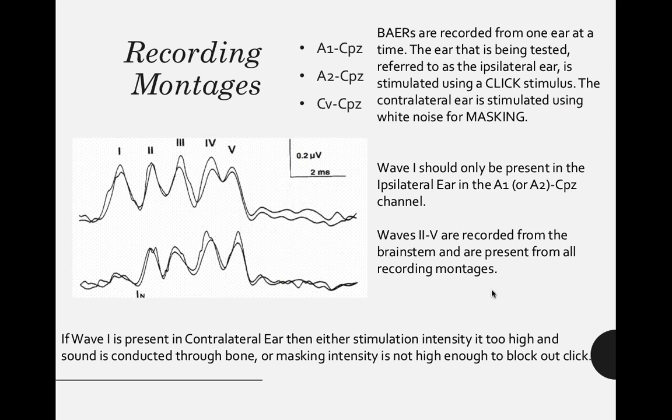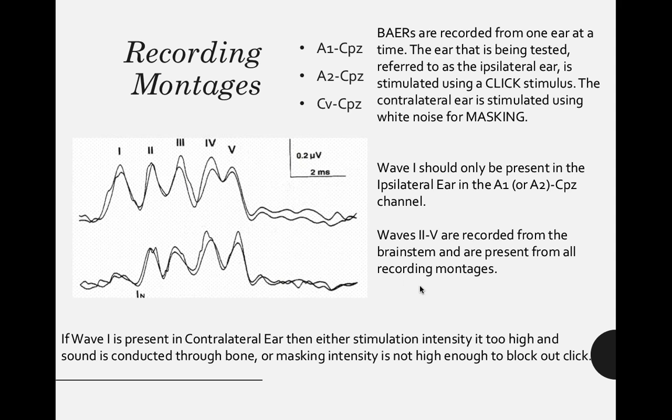This is why the BAERs are going to be tested more rigorously than the ABRs, because of how complicated it is. The BAERs are recorded from one ear at a time, as we said. The ear that is being tested is referred to as the ipsilateral ear and is stimulated using a click stimulus. The contralateral ear is stimulated using white noise for masking.